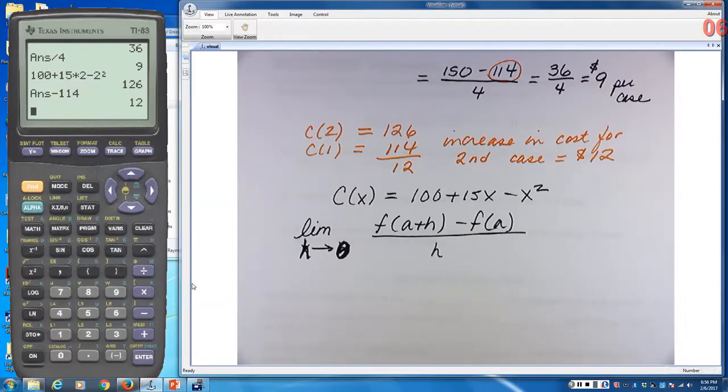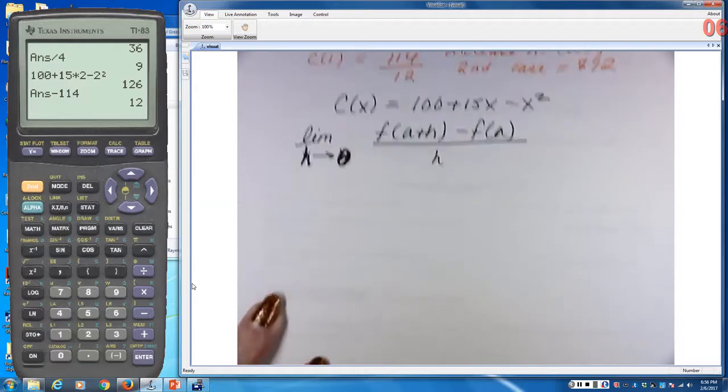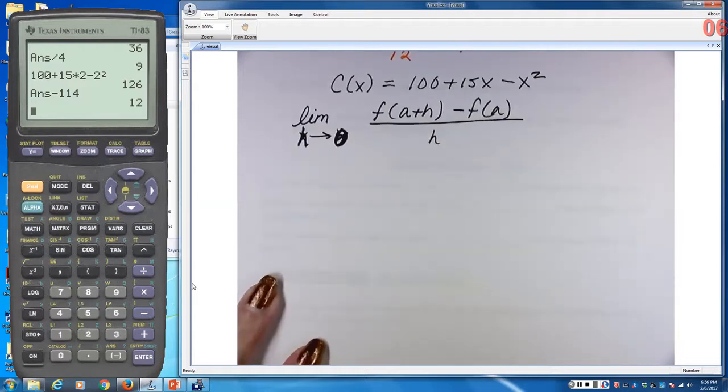So this is what we've got. There's the cost function, and there's the function for instantaneous rate of change.